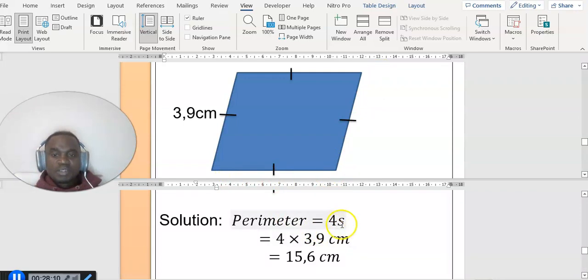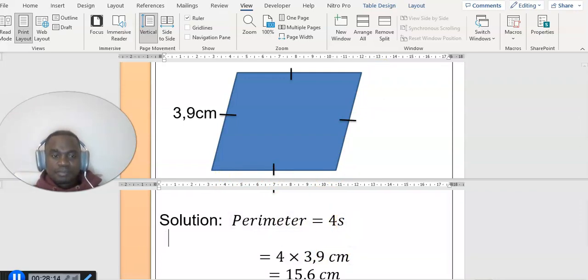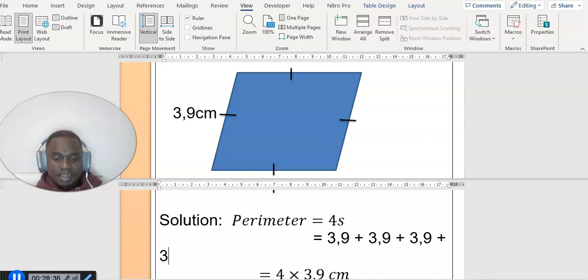Or you can do it this way. Another way you can do this is we say perimeter is equals to, like the way you did the rectangle. So it's going to be 3.9 plus 3.9 plus 3.9 plus 3.9.